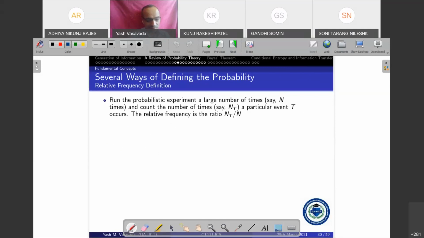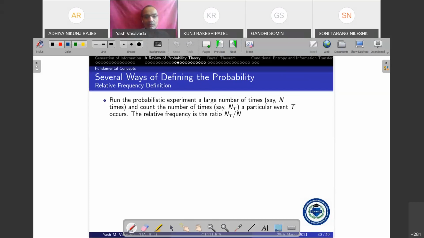So if this person has cheated in the manufacturing of this die, but you roll the die 10,000 times, and you count the number of times that an even number comes up, you will observe that out of 10,000 times, 8,000 of them turned out to be even. And so you can say that the probability of the die taking an even number is 8,000 divided by 10,000, 0.8.